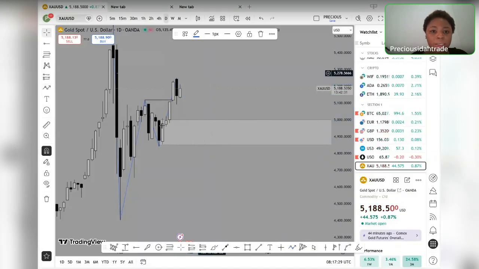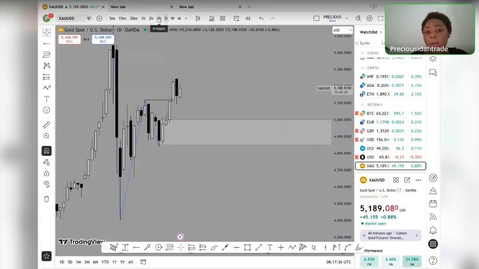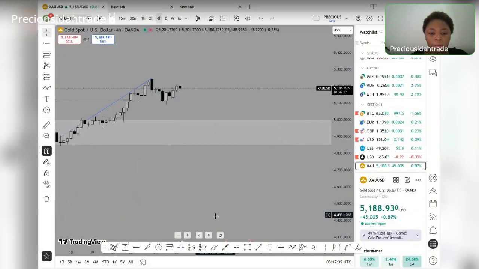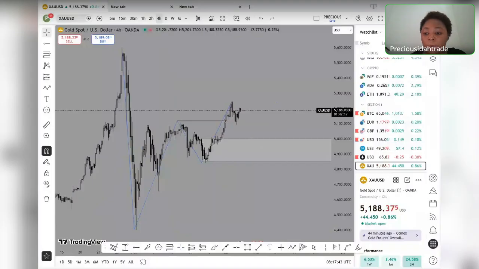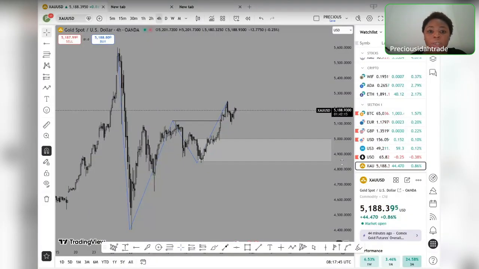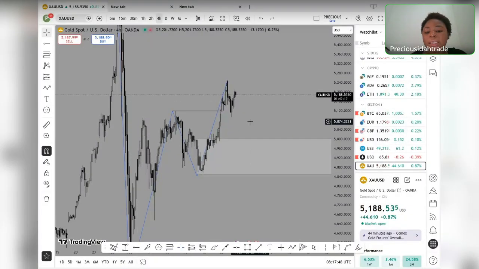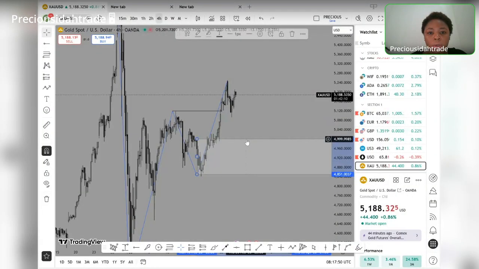Now let's go lower to 4 hours. Let's see what we have there. So you can see this is 4 hours. Our order block has to align with the daily demand zone. Okay. So let me label it. This is our daily demand zone.